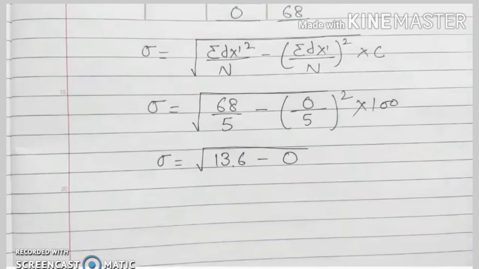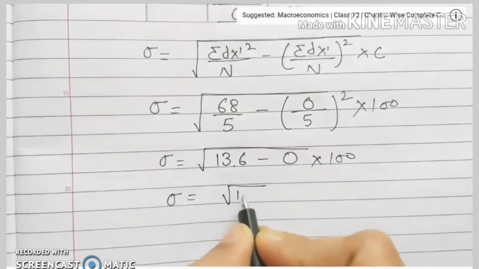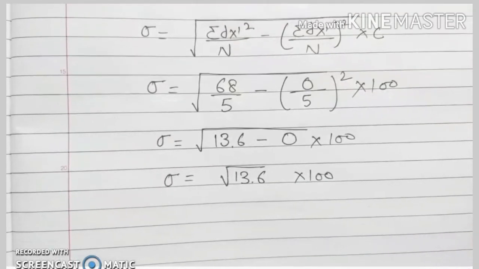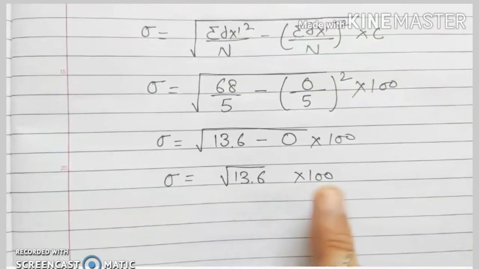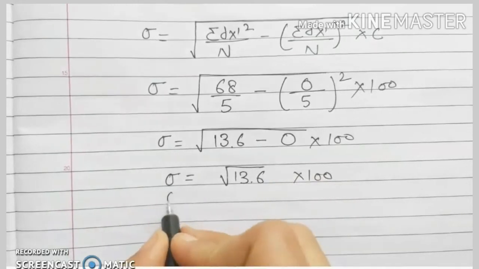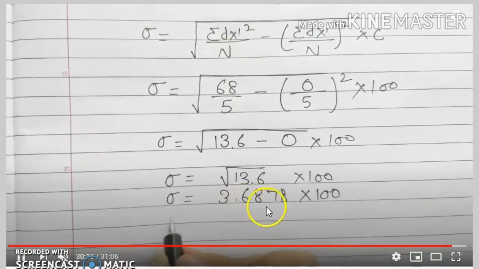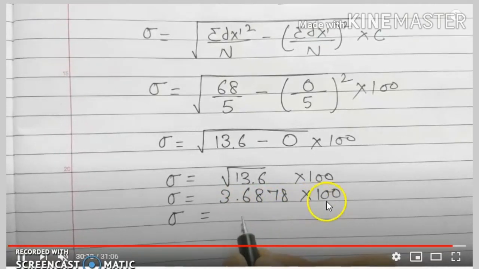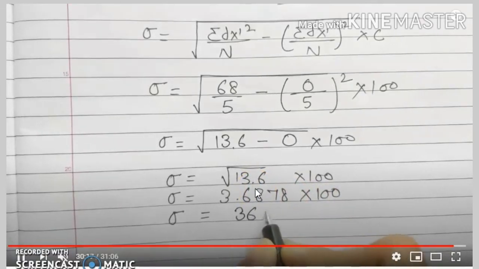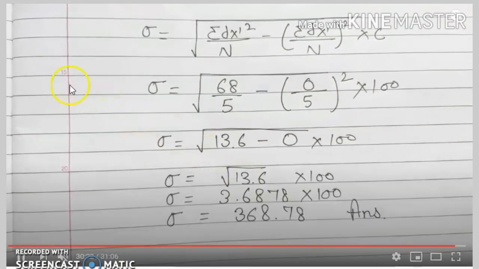So you will be getting root of 13.6 into 100. So first you have to find the root, then you have to multiply it. So the root of 13.6 is, sigma equal to 3.6878 into 100. So it will become 368.18. So that's the answer.